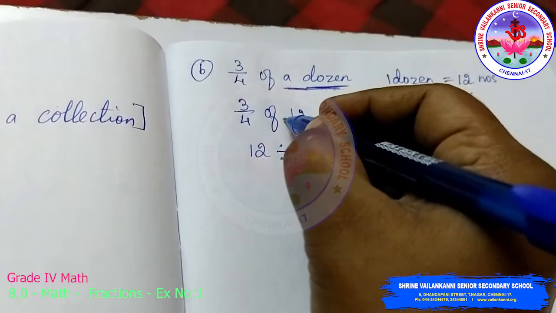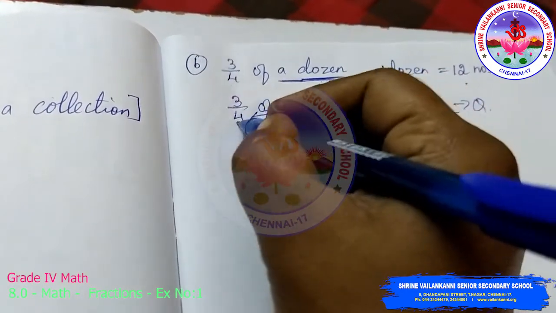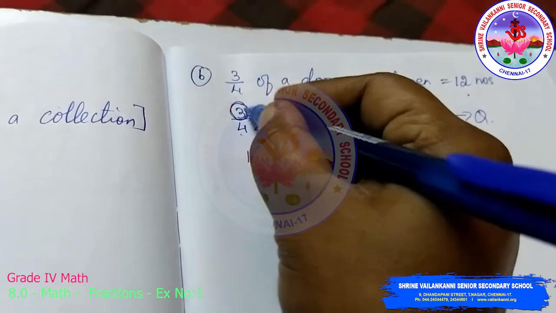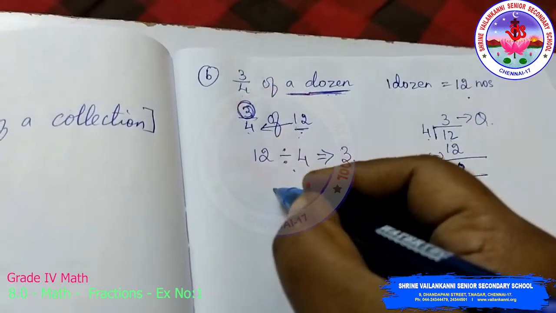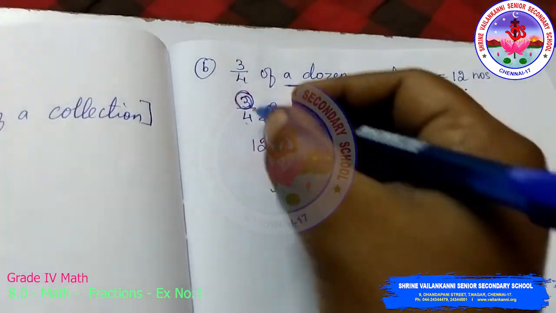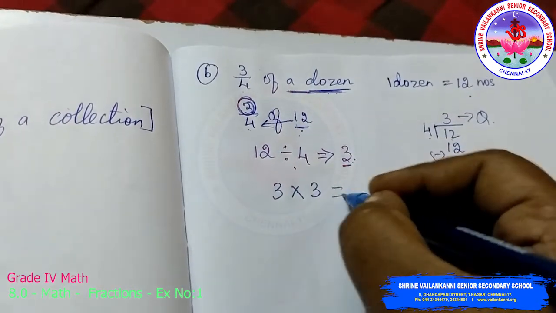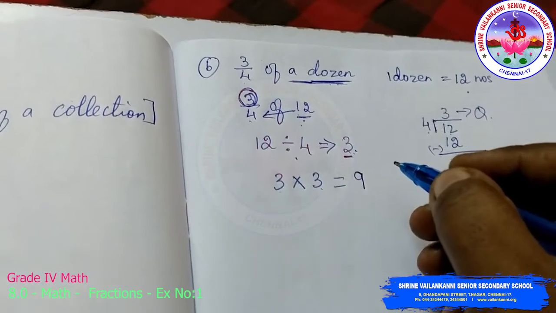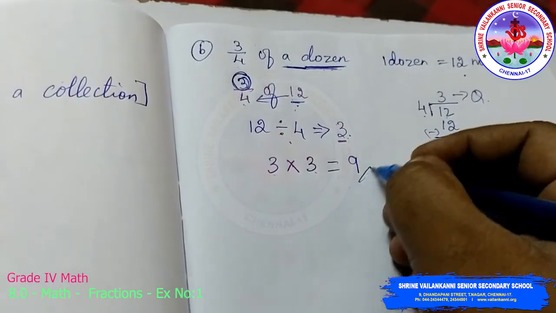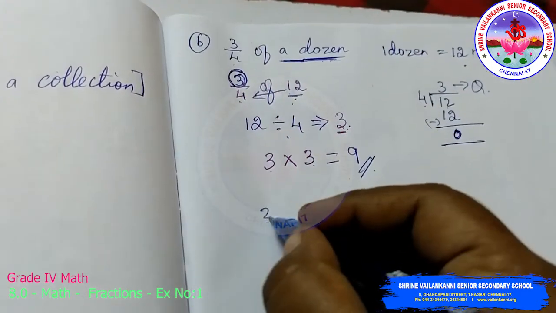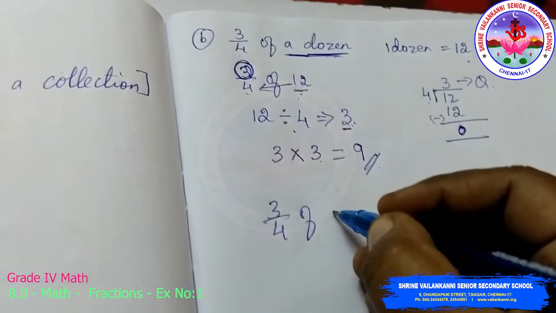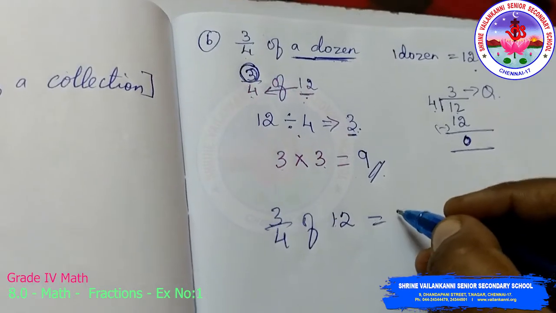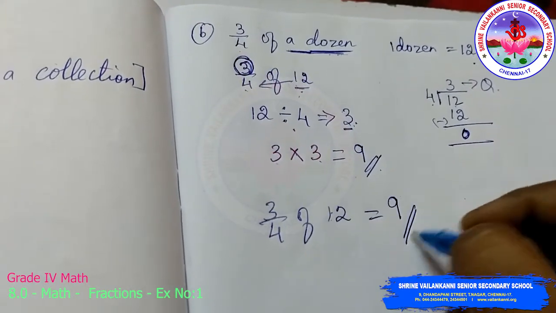No, because only the whole number and denominator are completed. Still I have the numerator. So this 3 has to be multiplied with the numerator 3. What is 3 into 3? 3 threes are 9. So 3/4 of 12, or a dozen, is equal to 9.